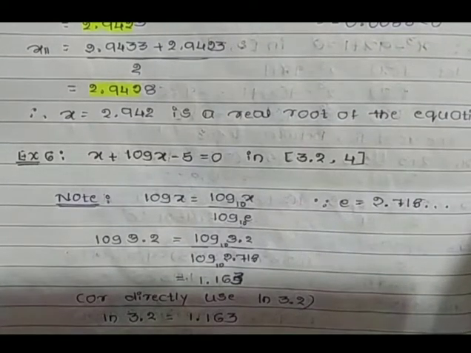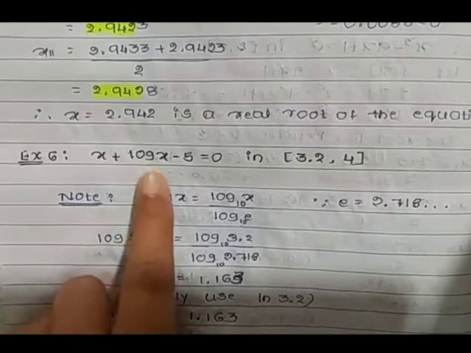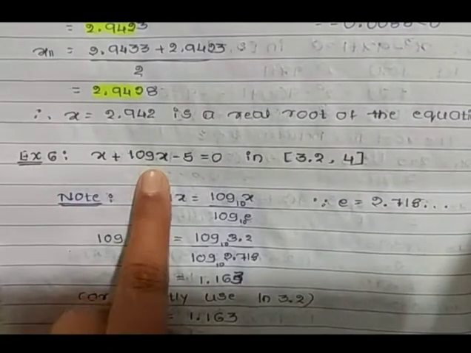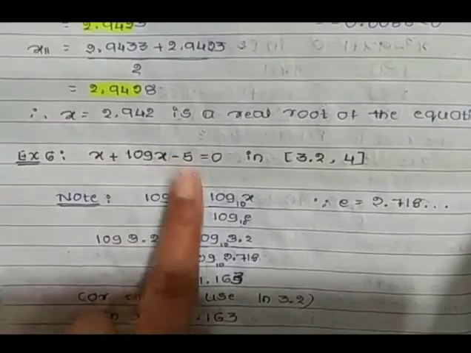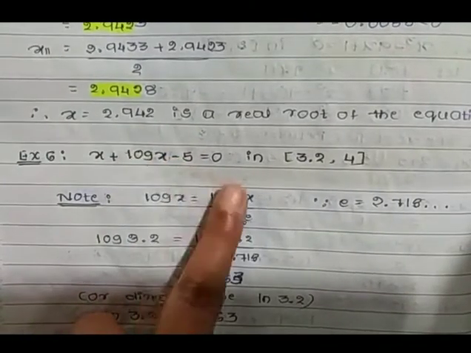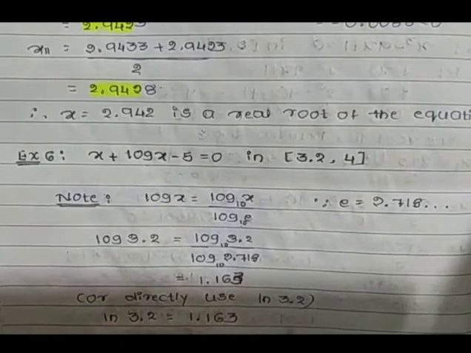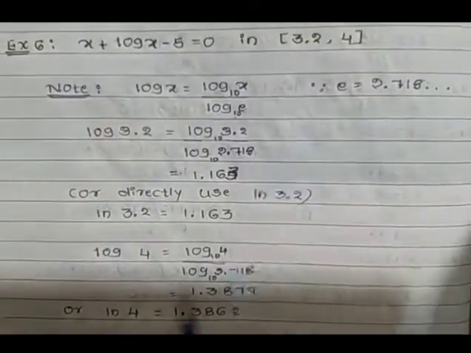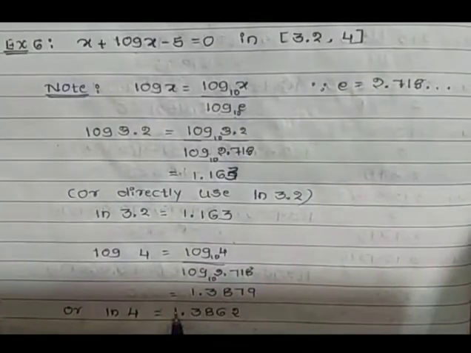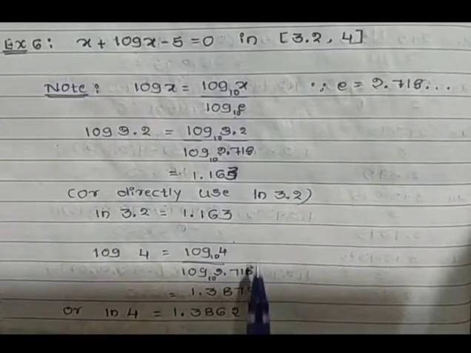The concept is the same. The only thing is that here a logarithmic term is involved. Because of this logarithmic term, this is considered a transcendental equation. Otherwise the simplification method is the same. And while solving an example, all these steps are not required. This is just for understanding purposes which I am giving here.